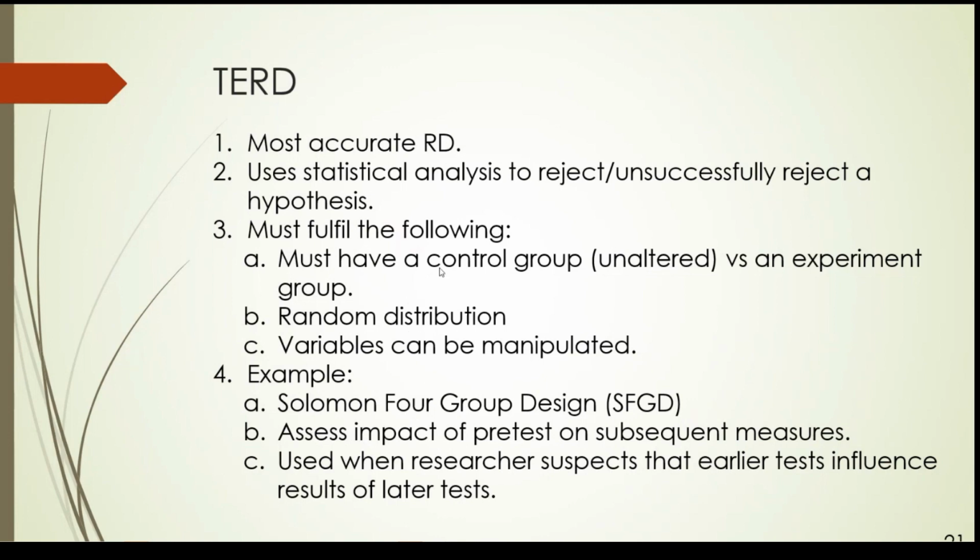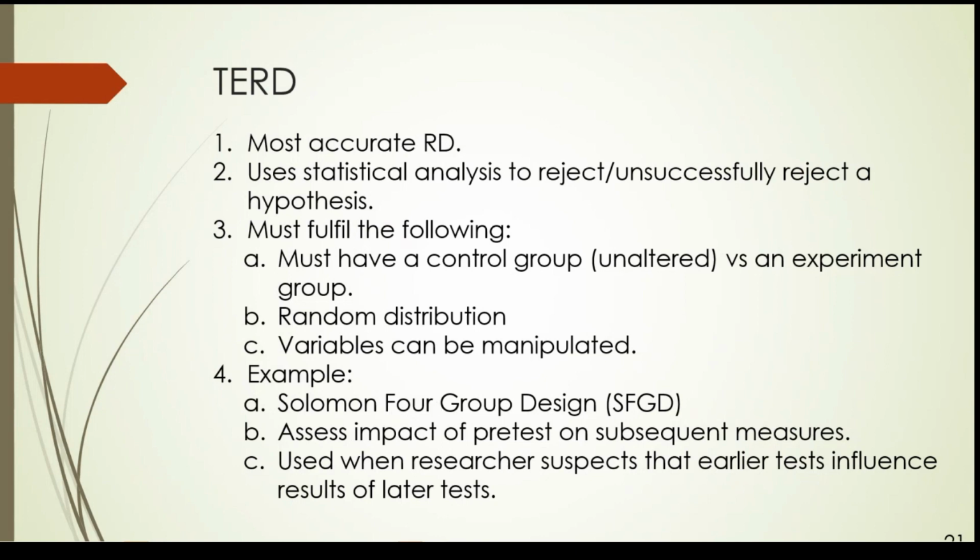One very good example of true experimental research design is Solomon 4 group design. There are a few types of TERD, but Solomon 4 group design is one of the best settings to do it because it can reduce bias in the research.